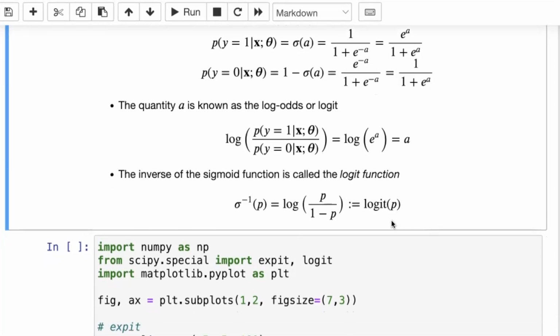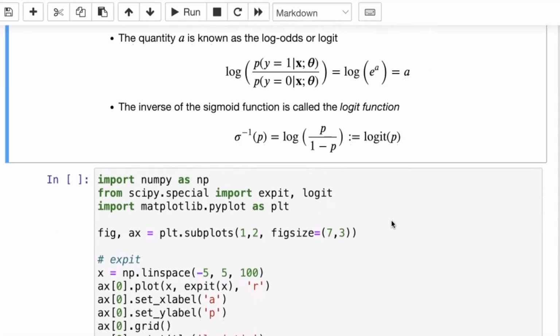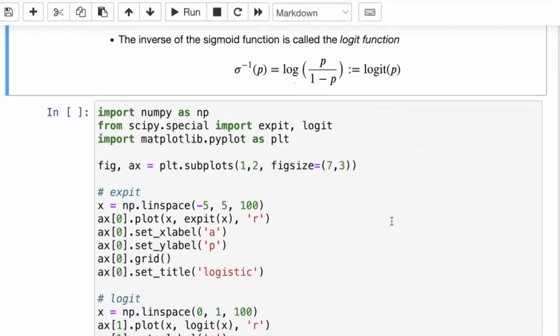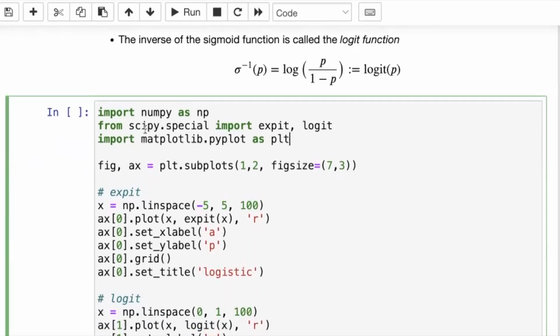Since these functions are very useful and popular in machine learning, you can see that they're actually already implemented and they're part of the SciPy package or library. And inside that, there's a module called special, and we have these two functions. So this expit refers to the logistic function, and logit obviously is the logit function that we have.